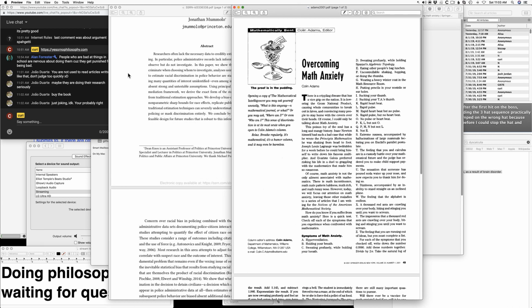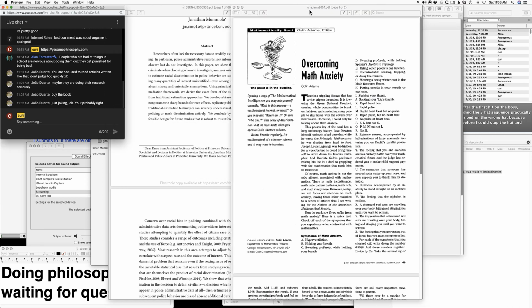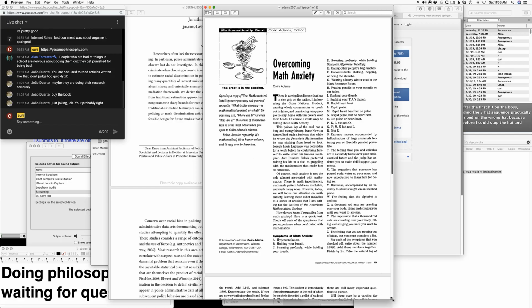Okay, here's the paper. So we can now look at more of the paper.